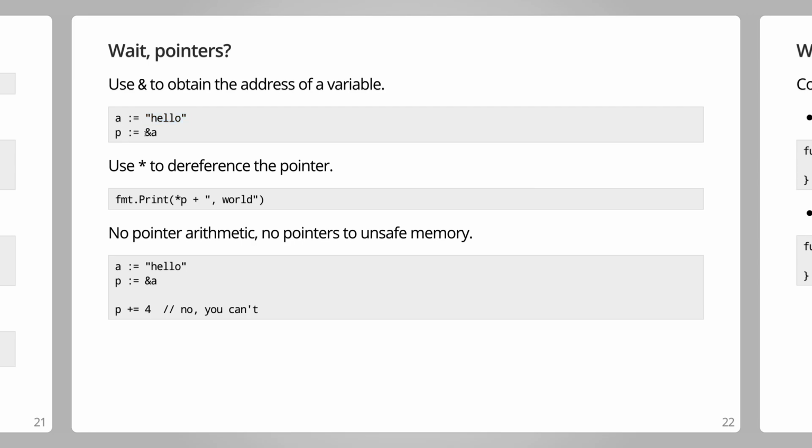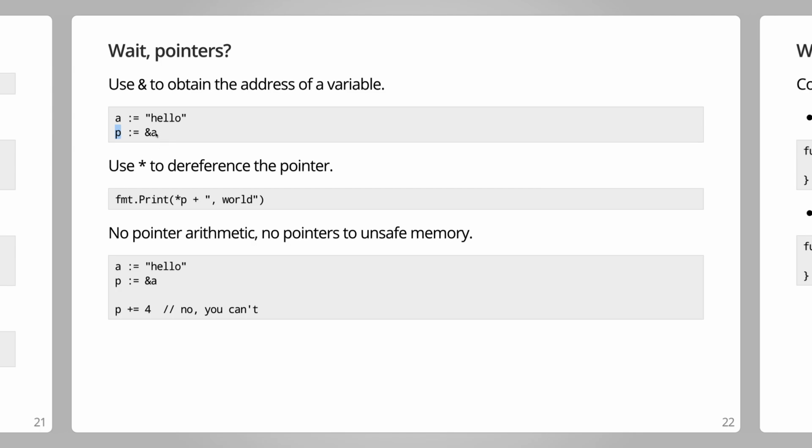All right, so in order to make a pointer or take the address of this string hello, we use the ampersand and the variable name in order to get a pointer to this string in the memory. And that is then assigned to this variable p here.